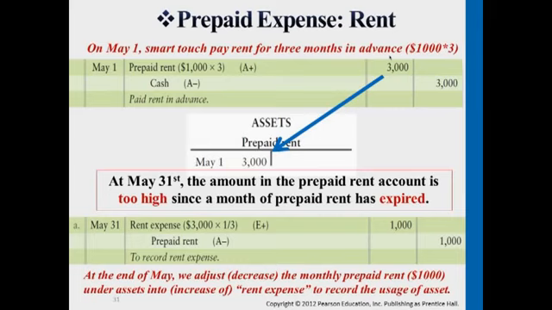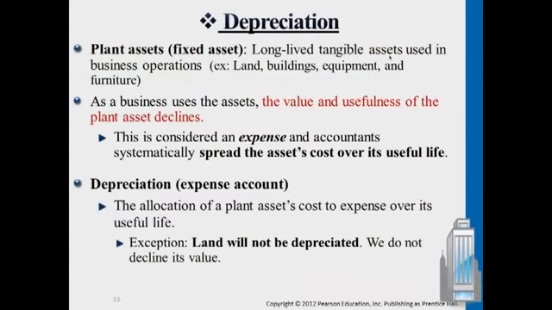We only have $2,000 left for June and July. So on the balance sheet, on the left-hand side, the assets, you see $2,000 listed here instead of $3,000. Okay, so this is an adjusting entry for prepayments, turning assets into expense, the part that expires.